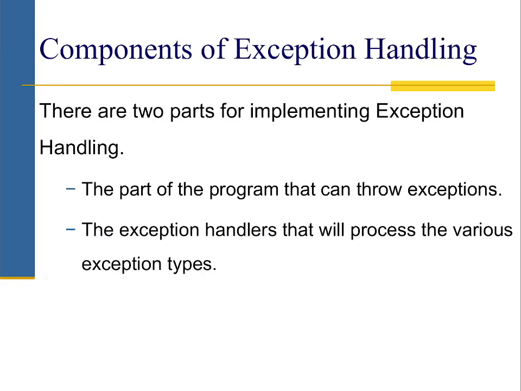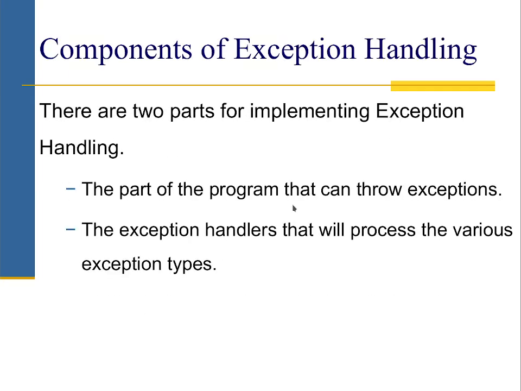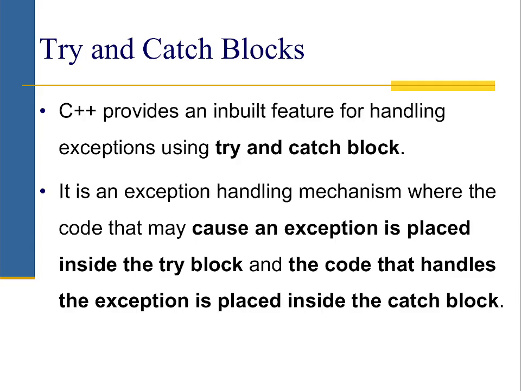There are two components for implementing exception handling: the part of the program that can throw exceptions, and the exception handlers that will process the various exception types. So we have the try and catch blocks. C++ provides an inbuilt feature for handling exceptions using try and catch blocks.